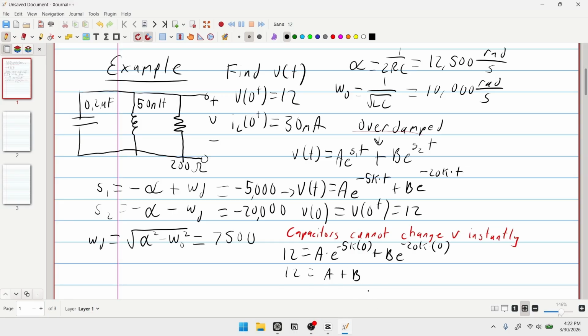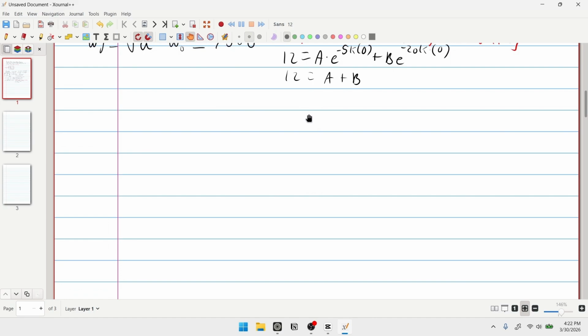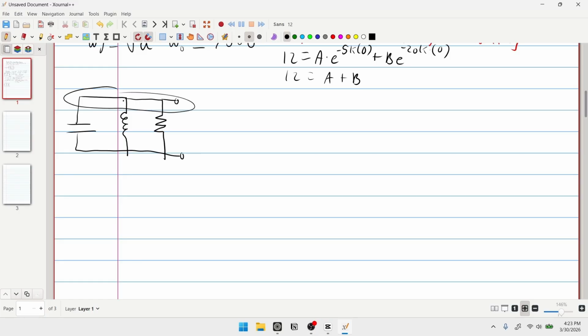But we have two unknowns, so we need a second equation for each unknown, right? So let me redraw the circuit. Okay. So let's start with our KCL here in the top node, right?